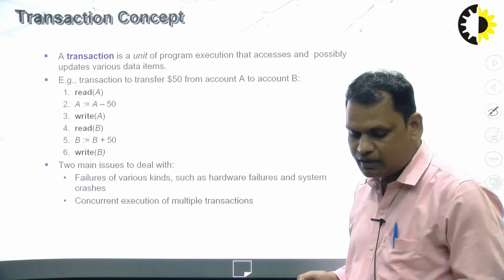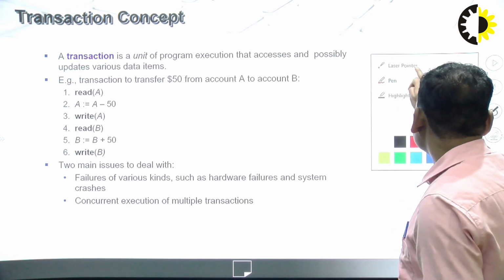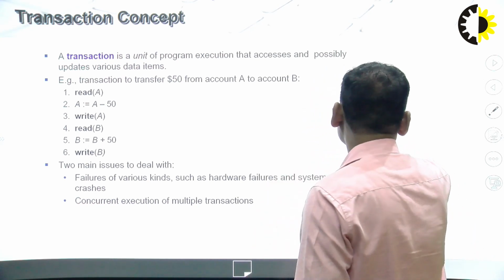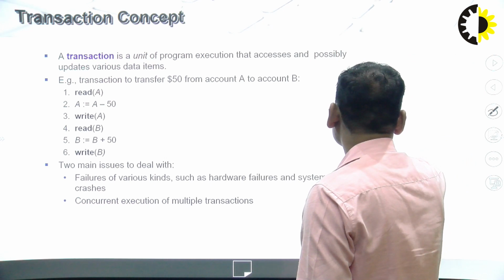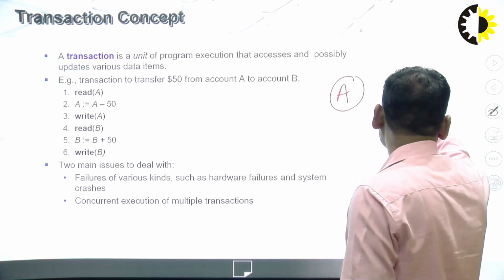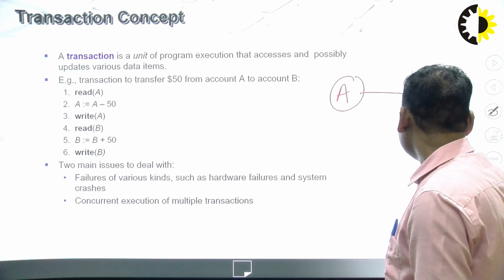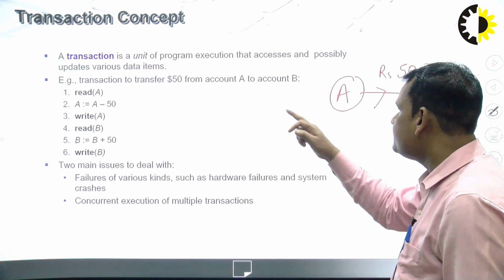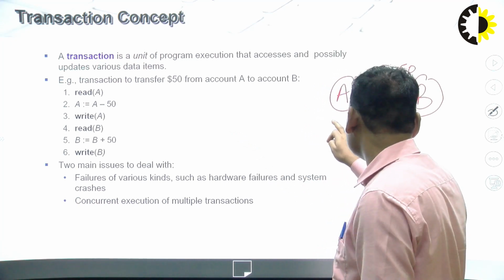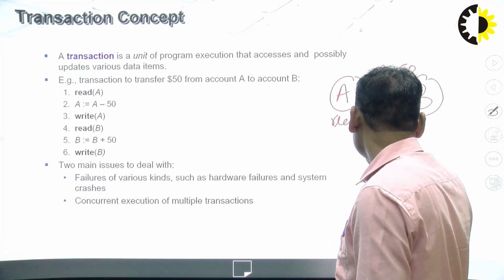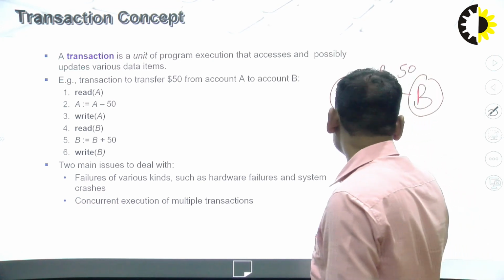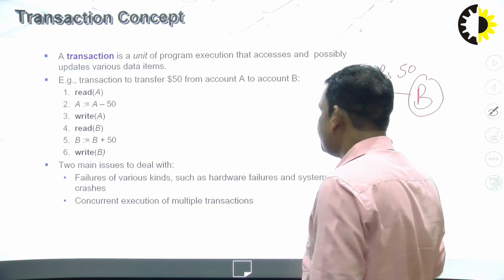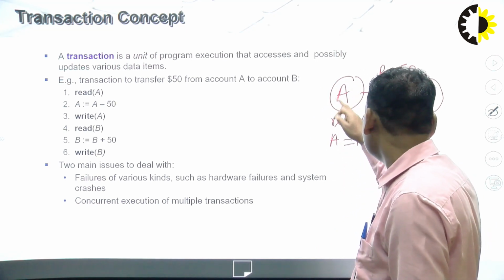For example, take two accounts: the first is account A and the second is account B. The transaction transfers 50 rupees from account A to account B. The first operation is a read operation: read A, then A equals A minus 50, and then write A.